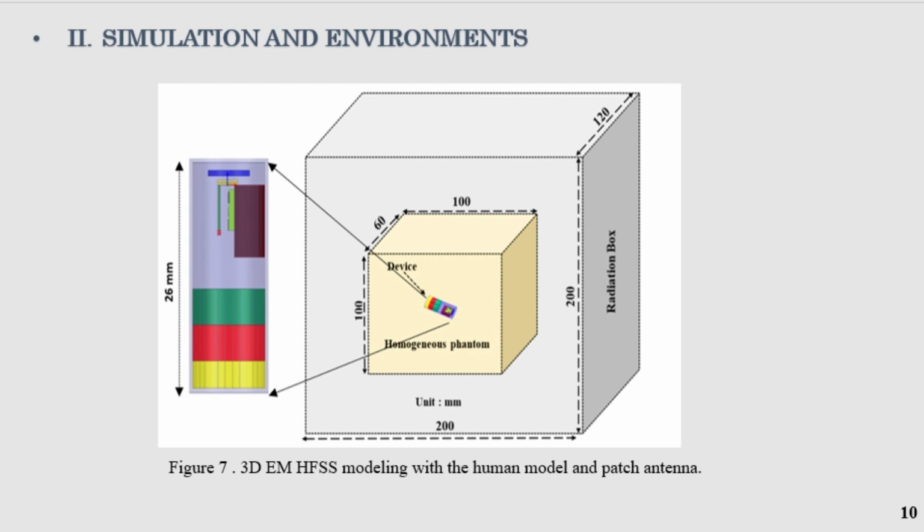Electromagnetic properties of cardiac tissues, for example conductivity and dielectric permittivity, were considered to ensure accuracy of results at the frequencies. To confirm these findings, a second simulation was conducted using CST on the same phantom model.